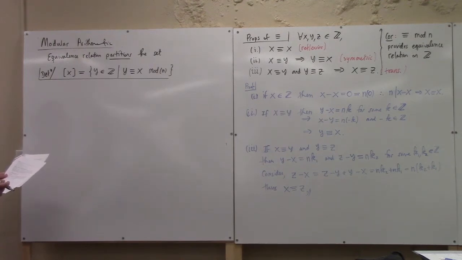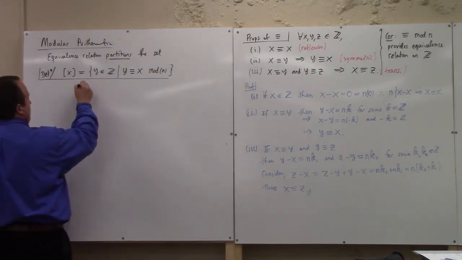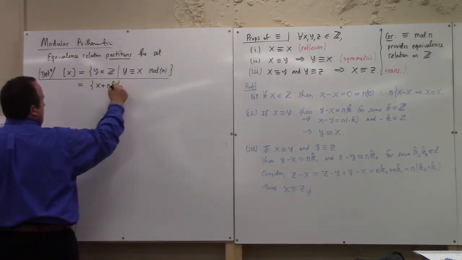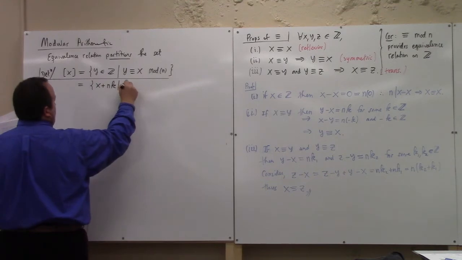Let's see here. Of course, you could also notice that this is x plus nk, such that k is an integer.